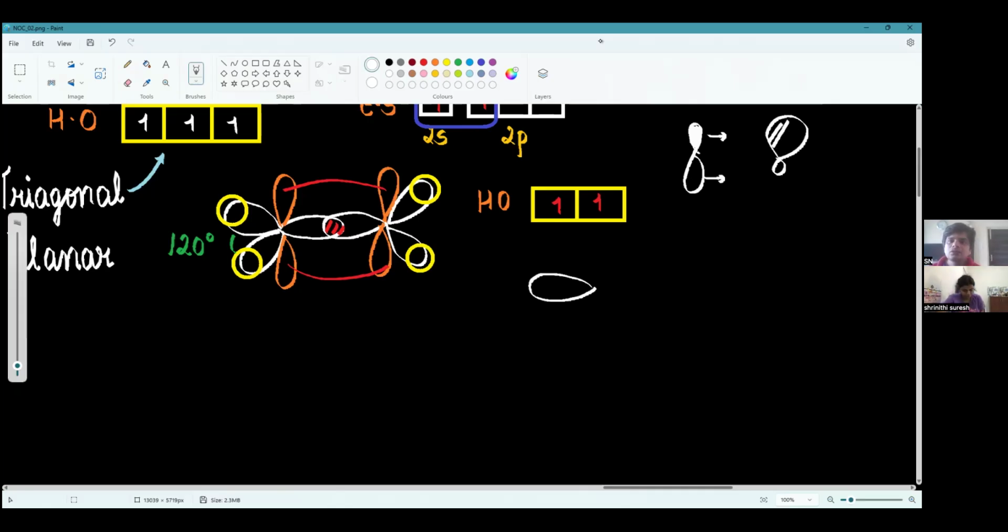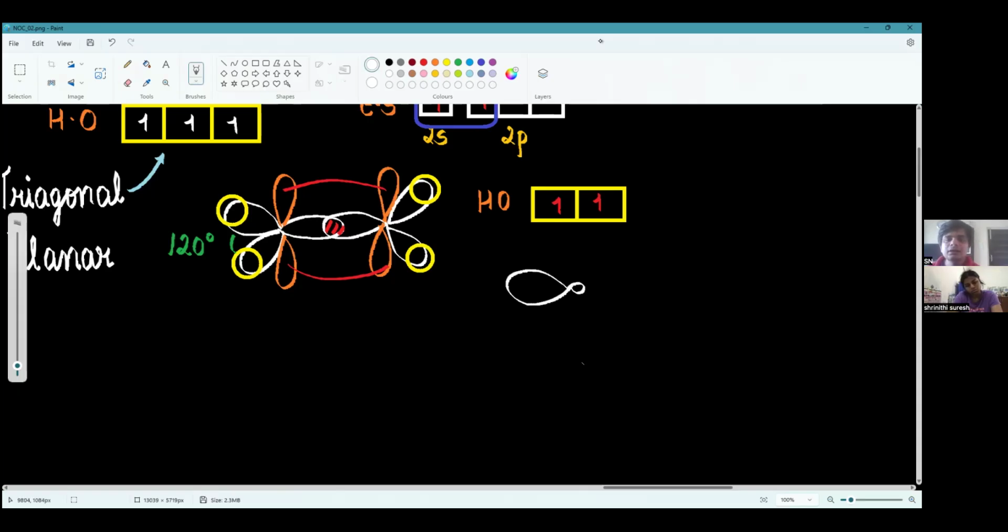Yes, sir. So only one of the lobes is expanded and the other lobe is squeezed up. This lobe is going for overlapping, so it gets expanded, and this lobe does not go for any overlapping, so it is squeezed up, it is compressed.